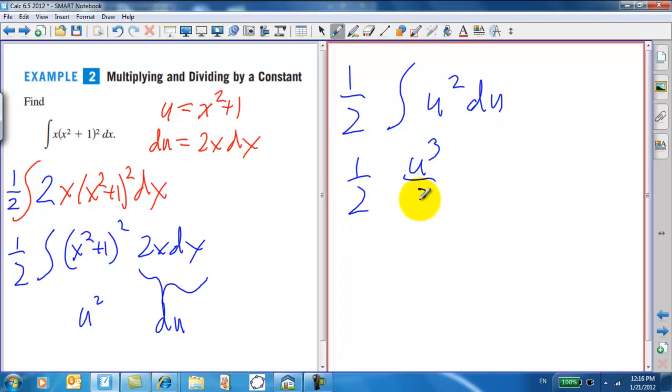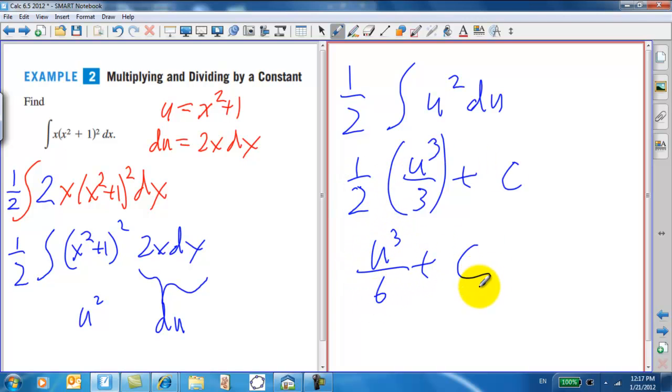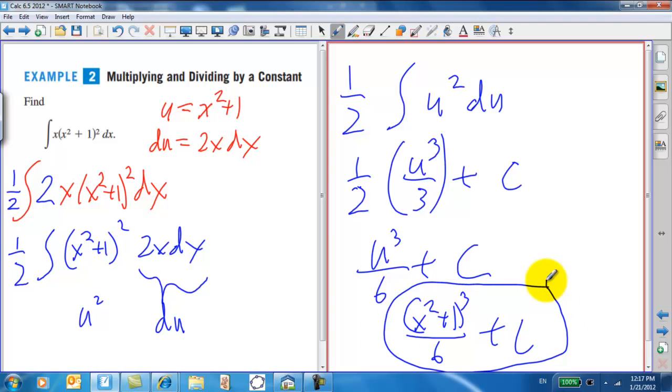U cubed over 3 plus some constant of integration. And it doesn't matter if you include the constant multiplied by the half because a half times a constant is still going to be a constant. So we get u cubed over 6 plus a constant. And now unsubstitute the u to say x squared plus 1 quantity cubed over 6 plus a constant for your antiderivative.